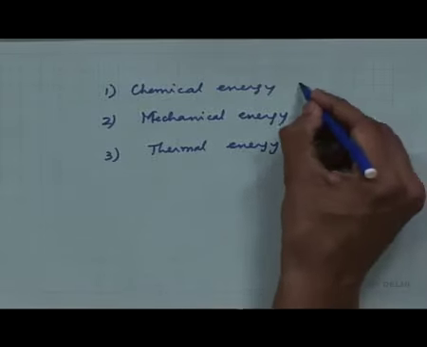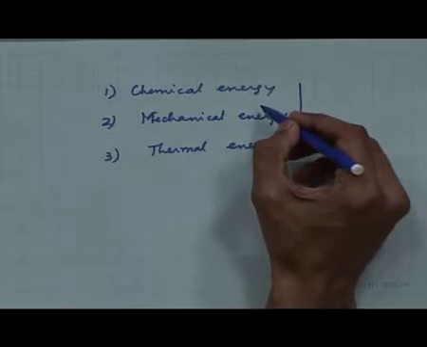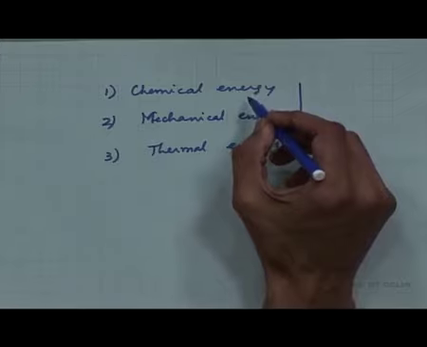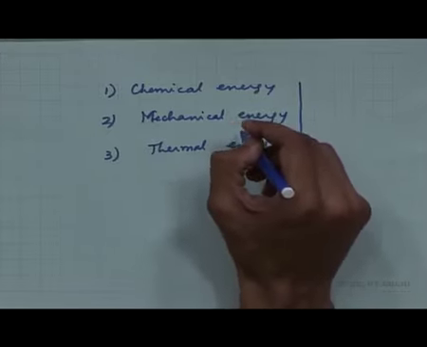So, these are three things that you require, and what we are trying to do is to try to do this most efficiently. So, minimize the amount of chemical energy, which is the surfactant, minimize the amount of mechanical energy.